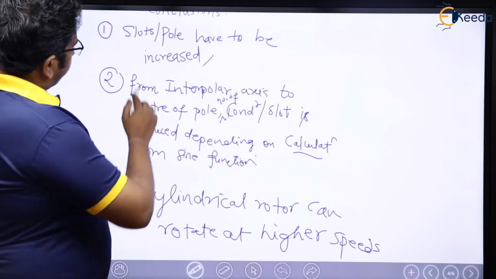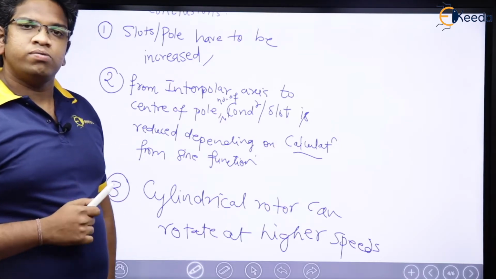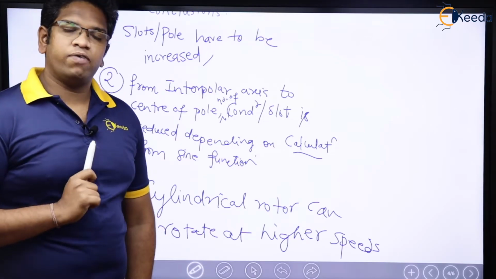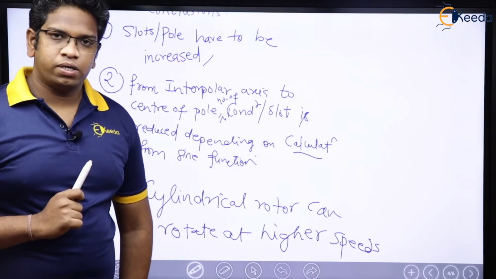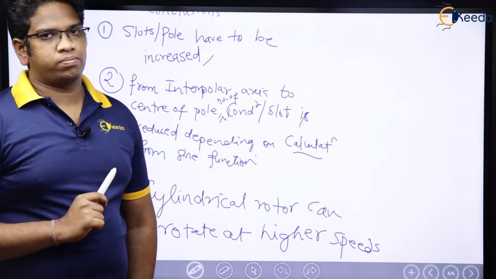See here. If you think of the first one, what was it? Slots per pole have to be increased. So the moment slots per pole have to be increased, the number of poles that can be incorporated in the same area will be reduced, or not? See here.